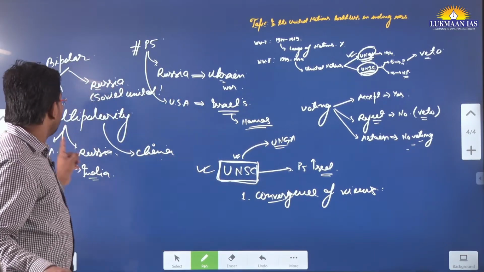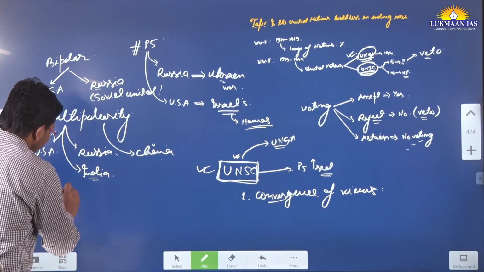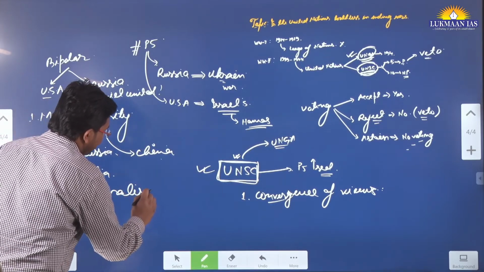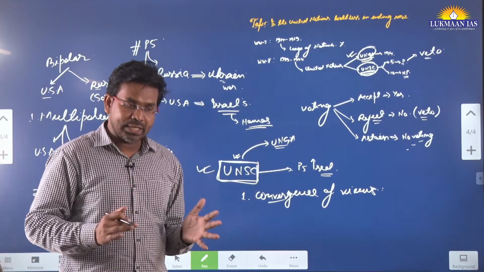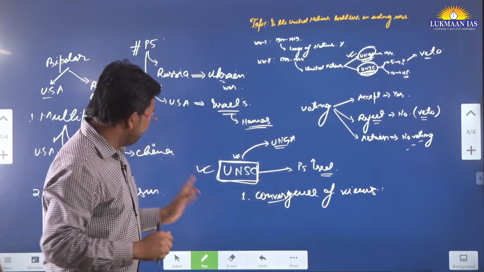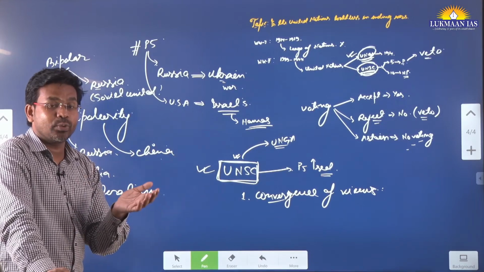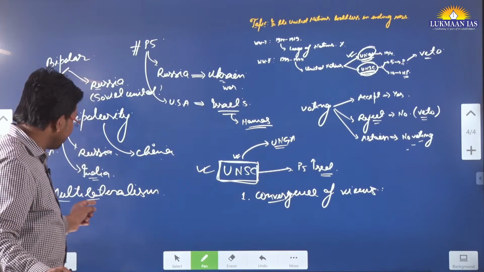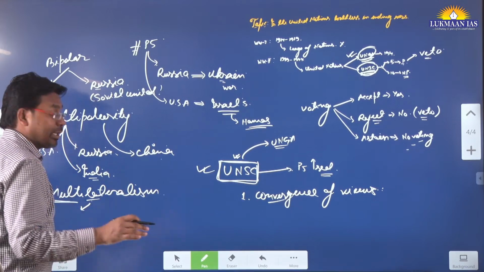But now let us understand multilateralism. When we talk about multipolarity, it means those countries that have power. So the number of such countries has increased. Multilateralism means how other countries show their attitude, which power they want to follow. When we talk about multilateralism, many groups have emerged.